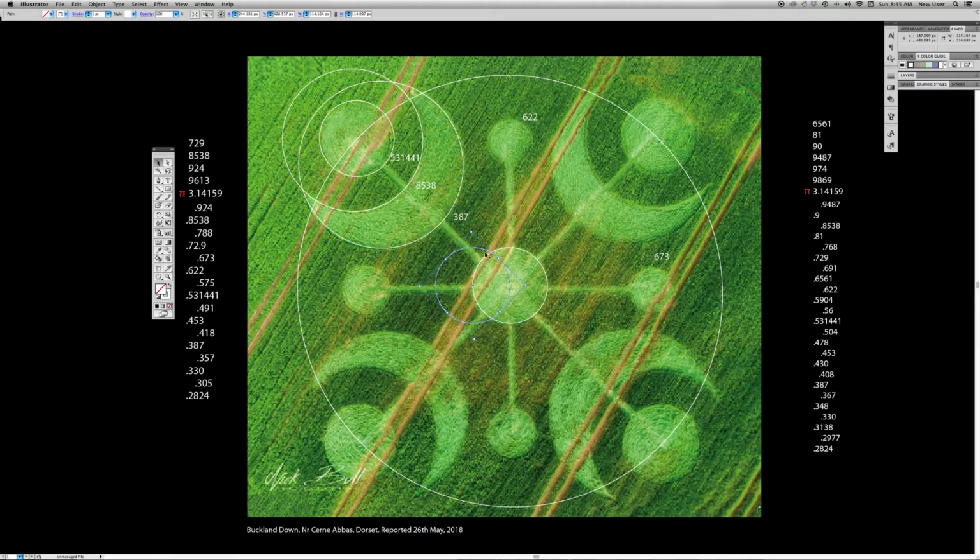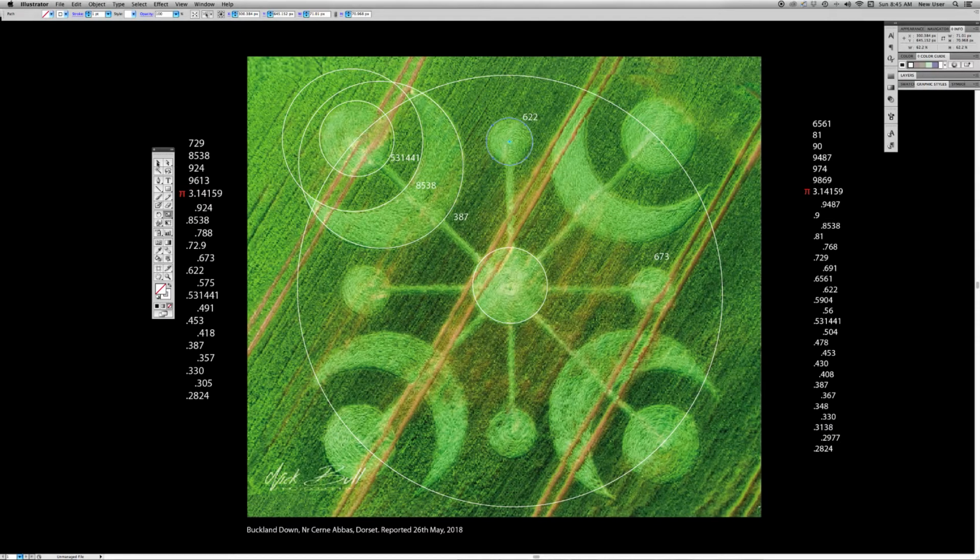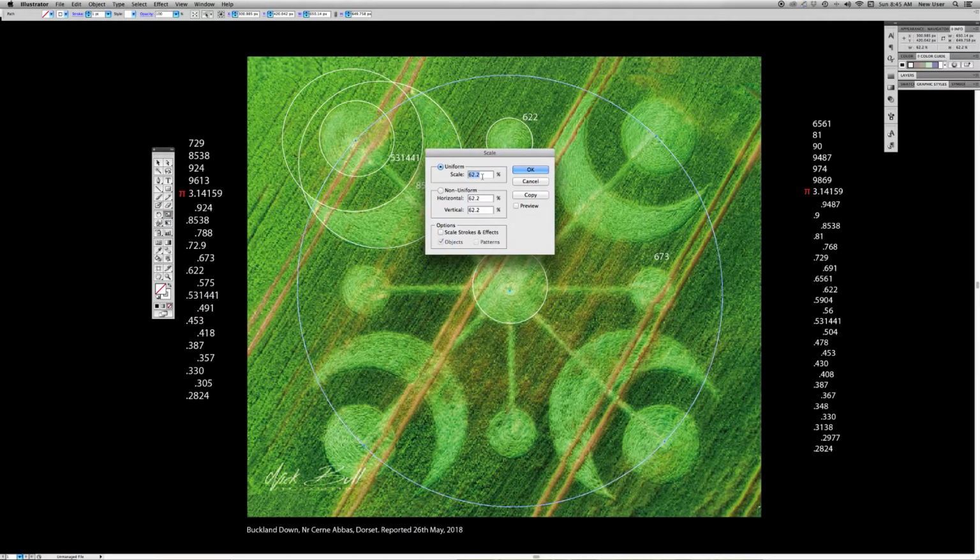And if I take that circle and center it over that one and give it a 622, make that one over here, I reduce that by 729, which is the square of 8538.